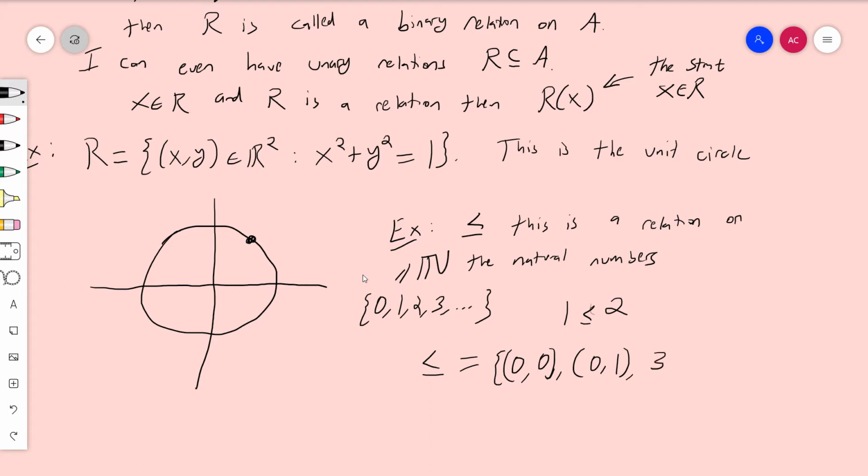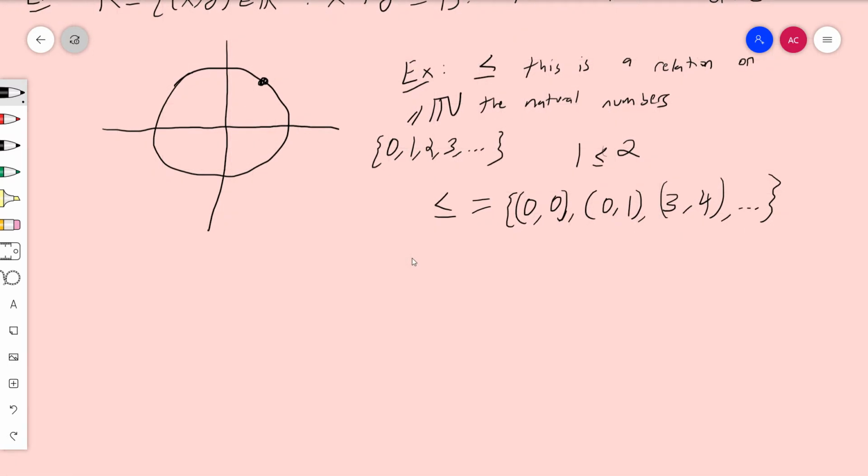It's got 3 and 4, and so forth. It's a big infinite set, but it's a relation. In fact, if I view it as a relation R, that is a binary relation on R2, then I have this.